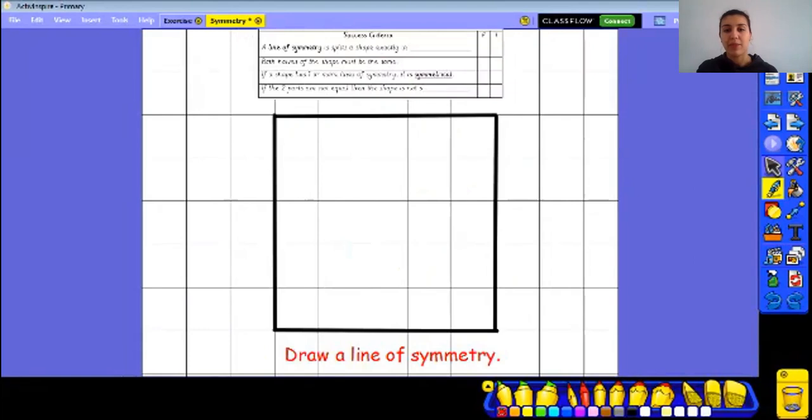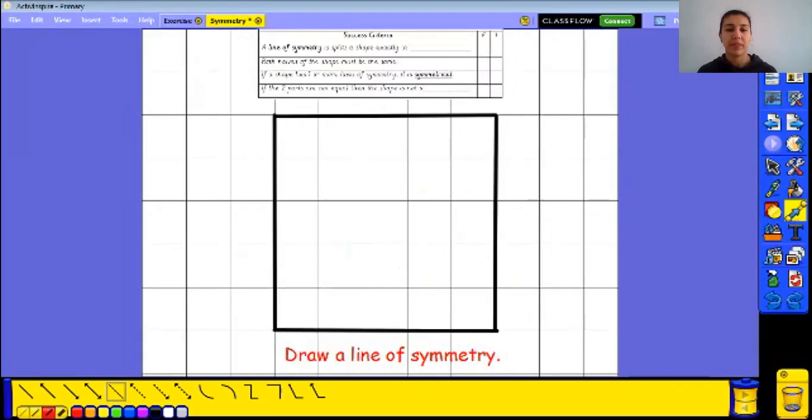What about this one? This shape has got 4 equal sides. What would we call this shape? Lovely, this shape is a square. So let's have a look at going down the middle. Is this the middle of my shape?